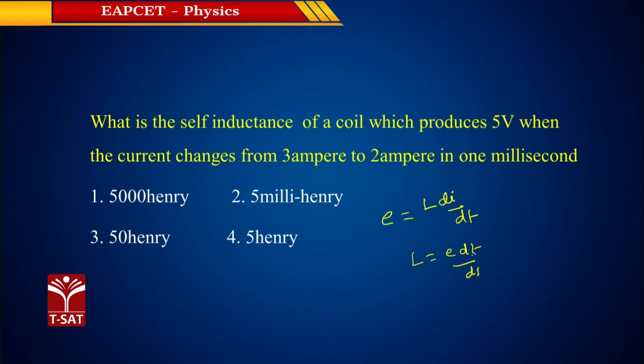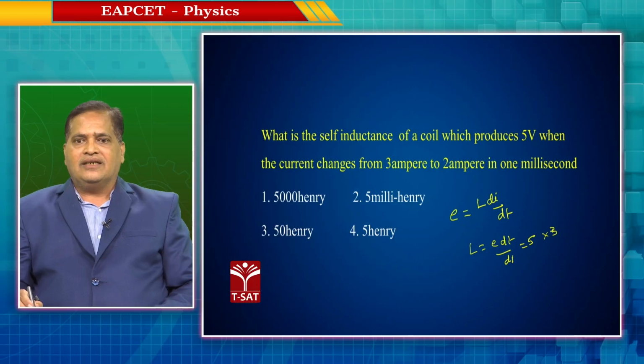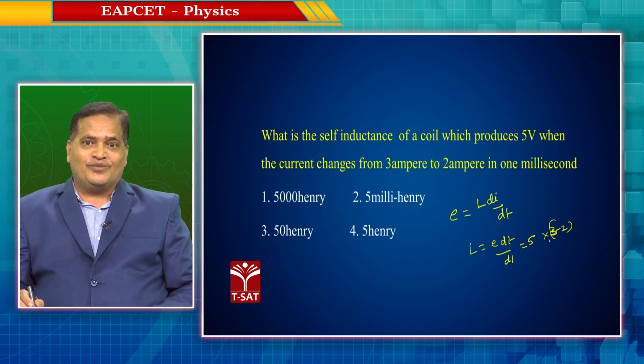Here the E value given is 5 volt. When the current goes from 3 ampere to 2 ampere, that is the difference, 3 minus 2, and in 1 millisecond. Keep in your mind, millisecond means milli, 10 to the power minus 3 second.